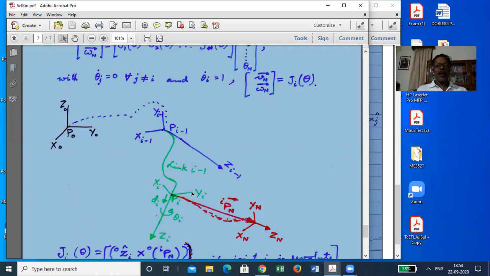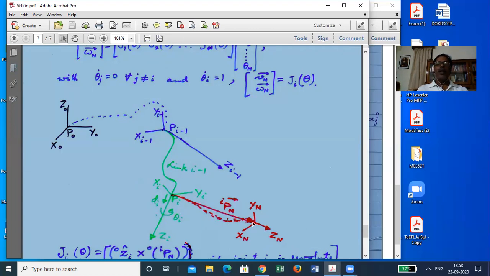And since everything after this joint is also locked, this whole part of the manipulator after joint i together becomes rigid for this particular experiment, and this entire thing rigidly together rotates or translates about or along this z-axis, and that will be the linear motion of this point.